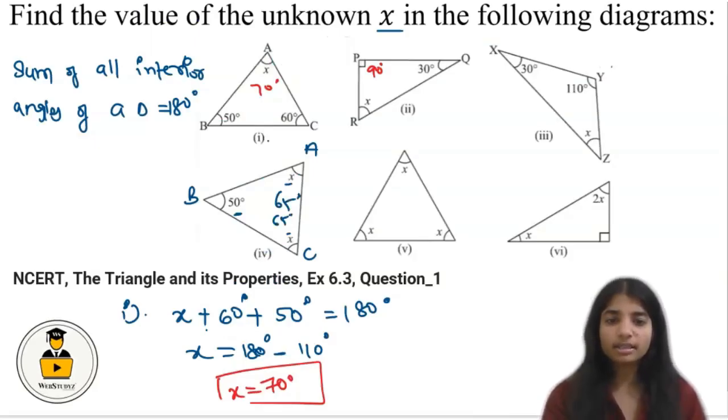Now let's discuss part 5 of this question. Here in part 5, we are given a triangle. Let's say this is the triangle ABC, and all three angles are given as x, x, x, which means all three angles of this triangle are equal. So angle A is x, angle B is x, and angle C is x, and we know that the sum of all the interior angles of a triangle is equal to 180 degrees.